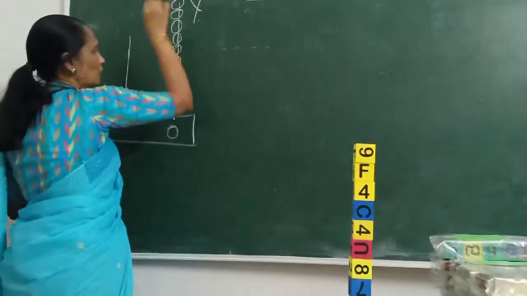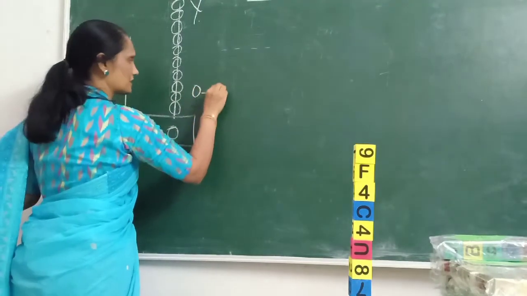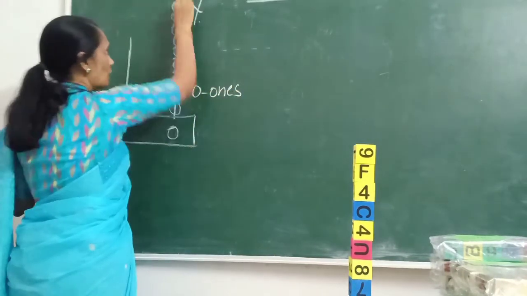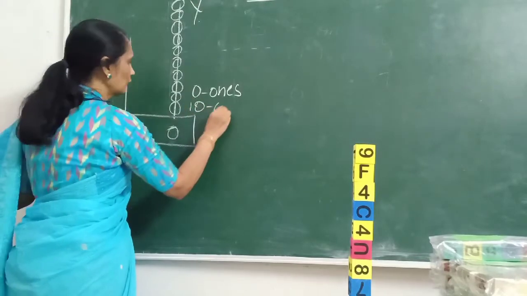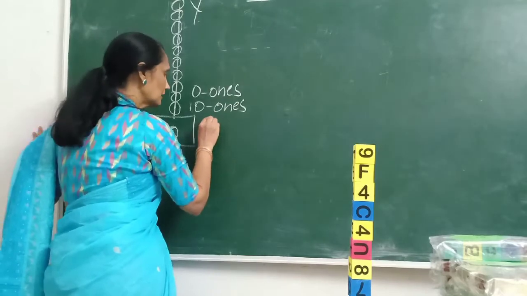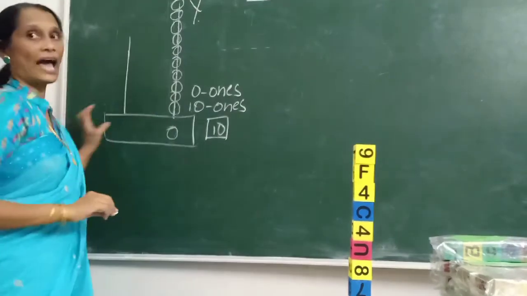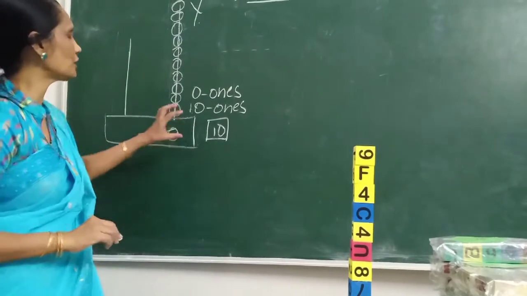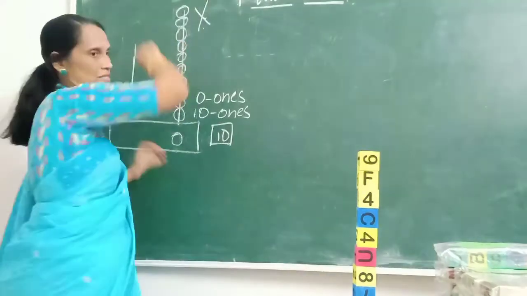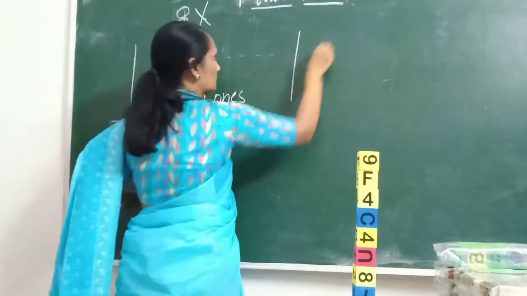This method is wrong. Even though O means ones, 10 ones is equal to 10, that we know. But there is another representation on the abacus. For representing 10, we accept this method.